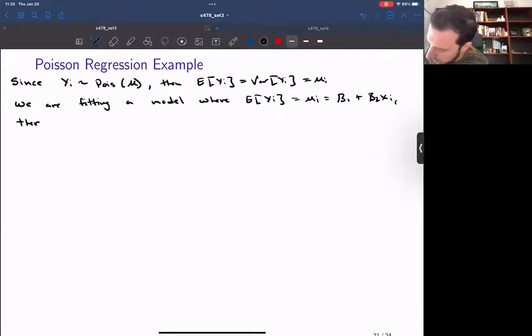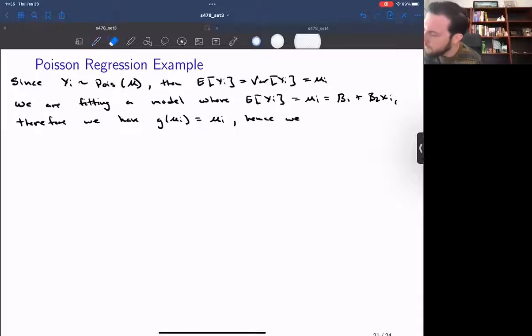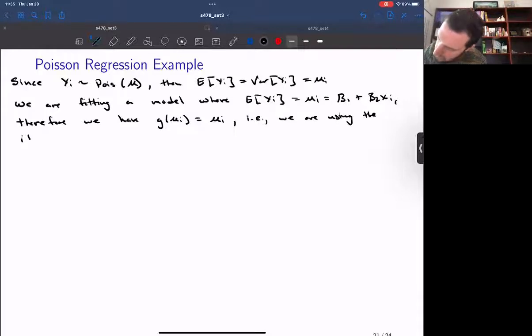Therefore, we have g of mu i is equal to mu i, that is, we are using the identity link, right? So you can see that we're simplifying this quite a bit to make the calculations smooth and easy. But so we have a Poisson model.